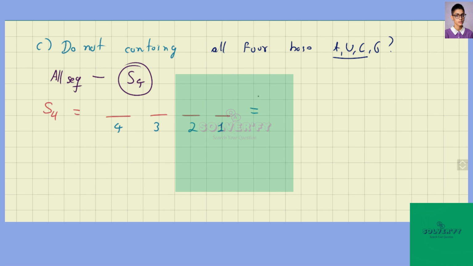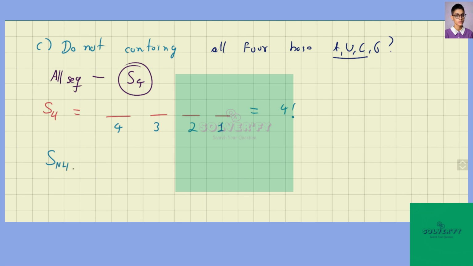So at the end, the number is going to be 4 factorial. So the quantity we want is the number of strings that do not contain all four bases.